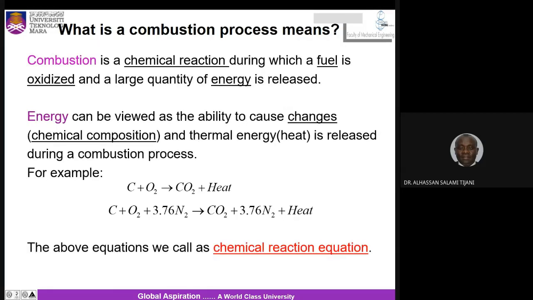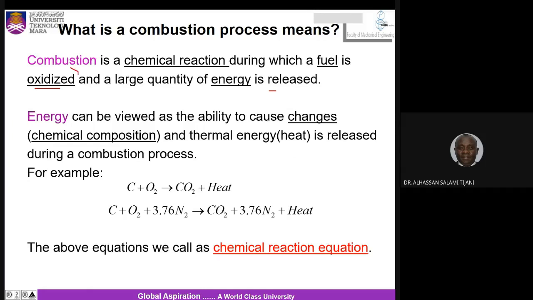Now we want to define what is combustion. We say combustion is a chemical reaction during which a fuel is oxidized and a large quantity of energy is released. So in a combustion situation, it is the oxidation.